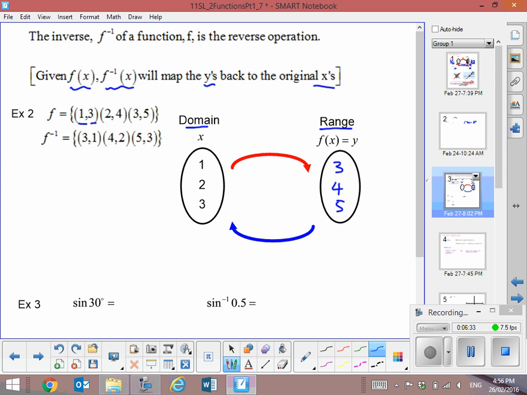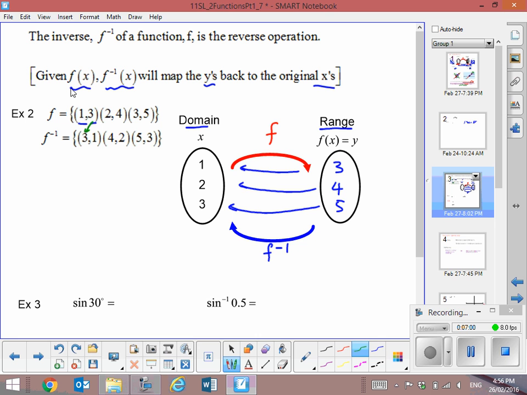Here's our range. The inverse is the function, so this is our function. Our inverse function just simply maps it back. So 5 goes back to 3, 4 goes back to 2, 3 goes back to 1. So now, what was the range becomes our domain for our inverse function.